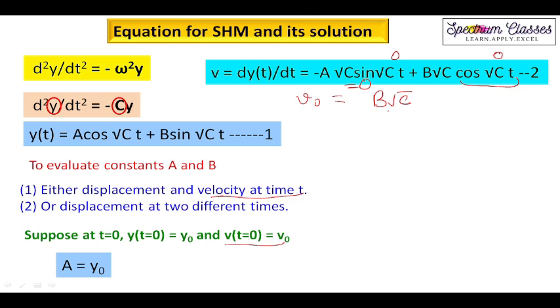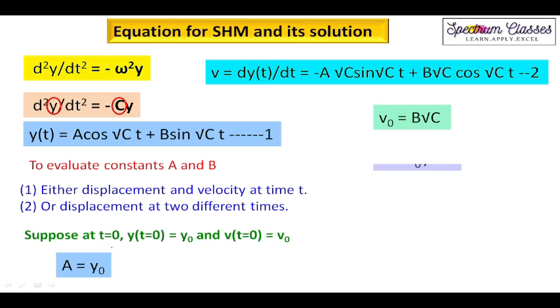So v naught is equal to b root c, and b will be equal to v naught upon root c. So B is equal to v naught upon under root c, and a is equal to y naught. These are the possible solutions for the velocity and the displacement.